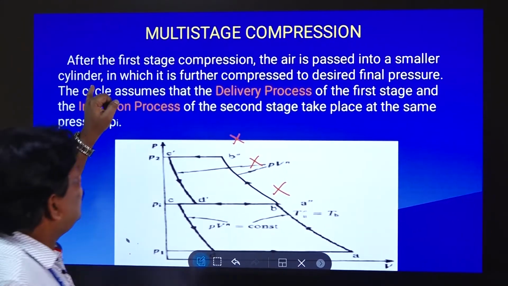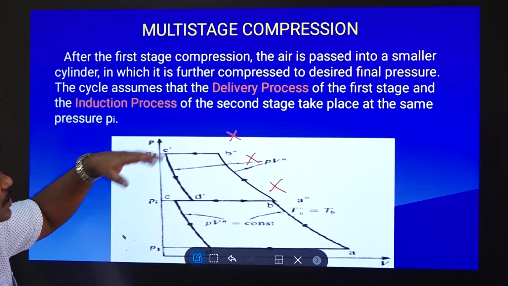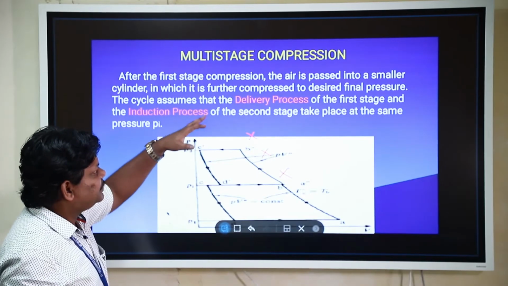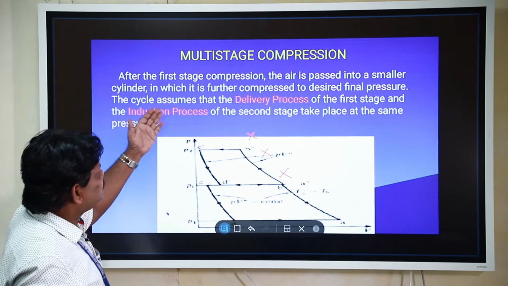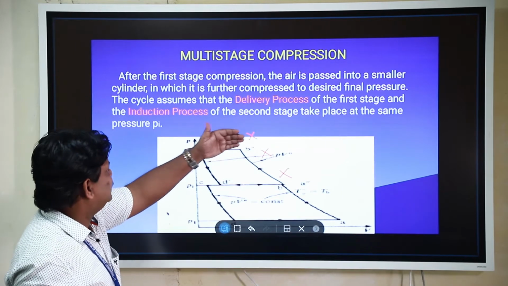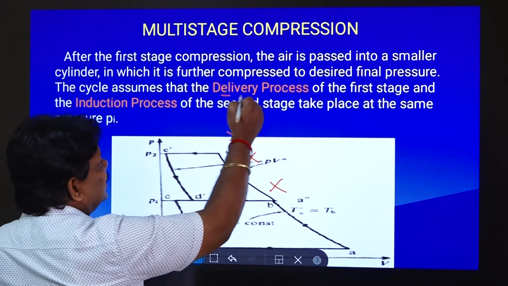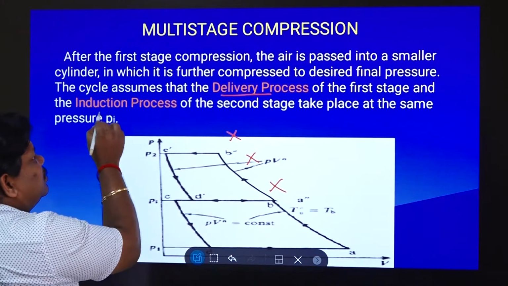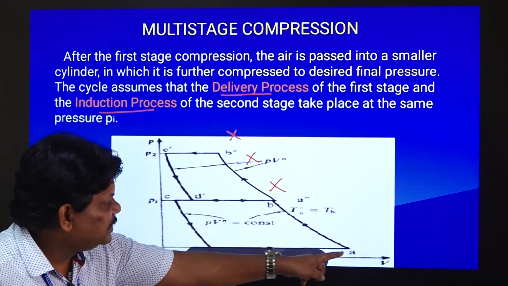After the first stage, the air is passed into a smaller cylinder, in which it is further compressed to the desired final pressure. The cycle assumes that the delivery process of the first stage and the induction process of the second stage take place at the same pressure. As I told you, the outlet of the first will be equal to the inlet of the second.